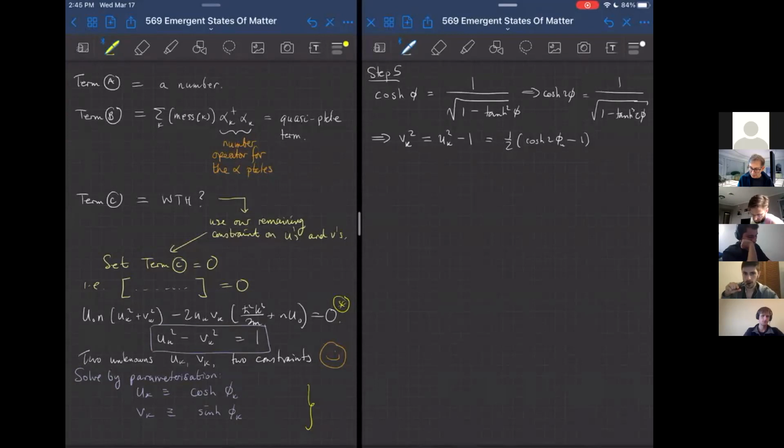And I know what cosh 2 phi is from this formula over here.